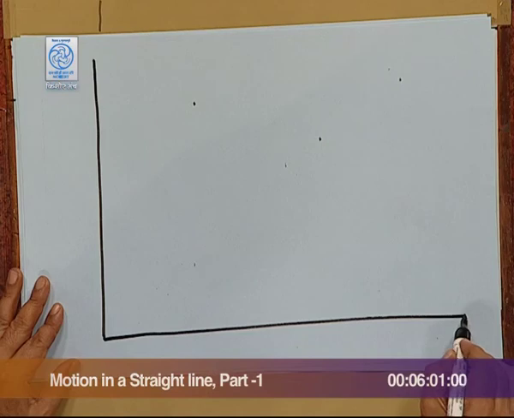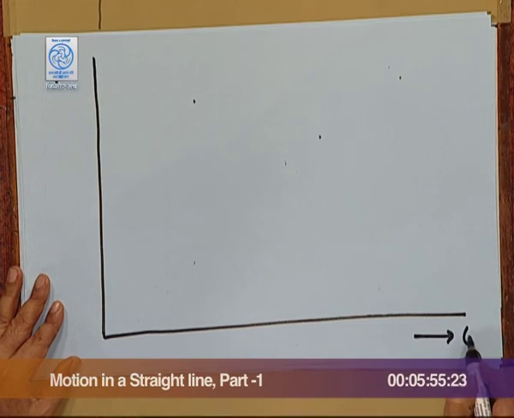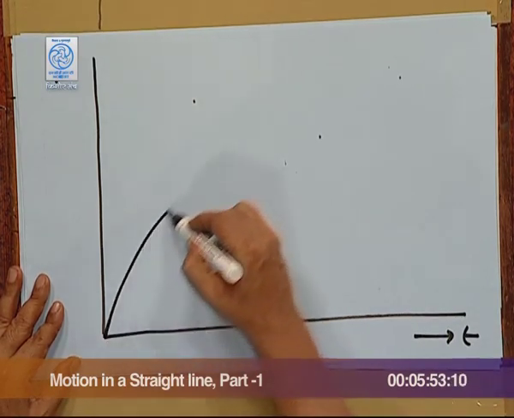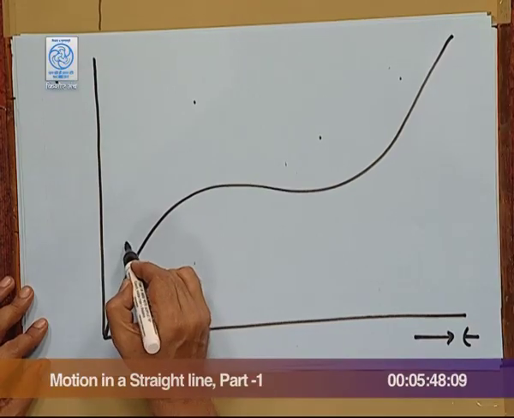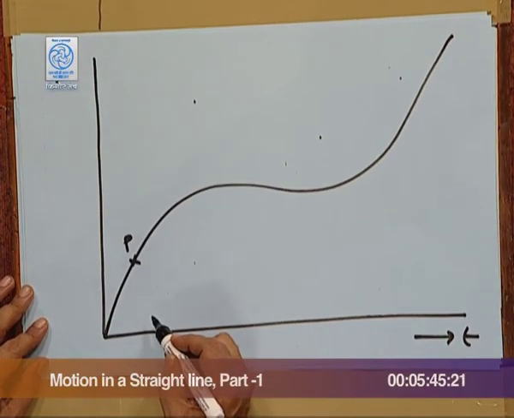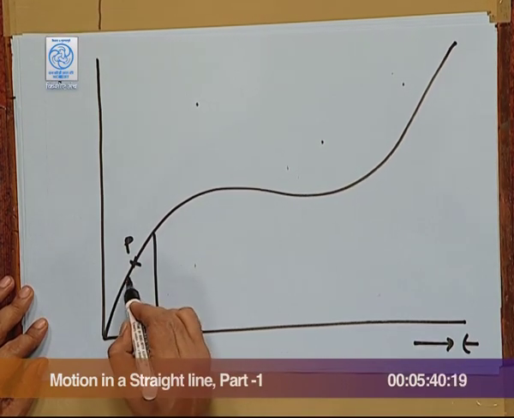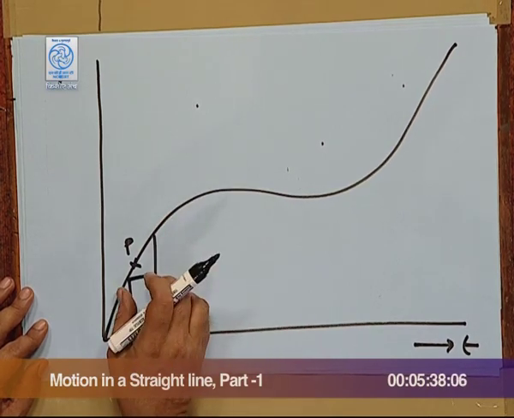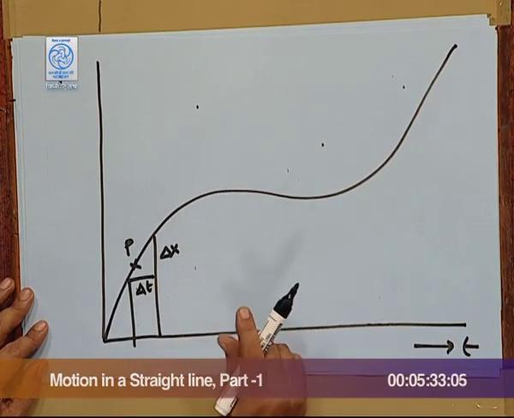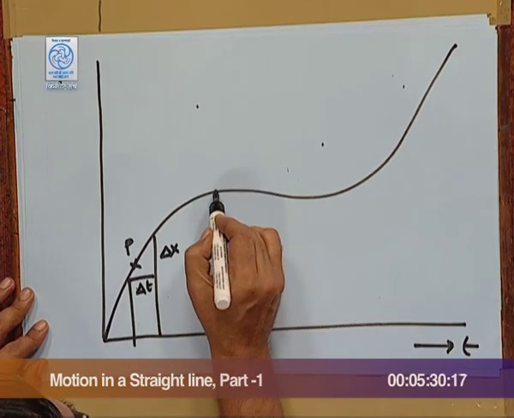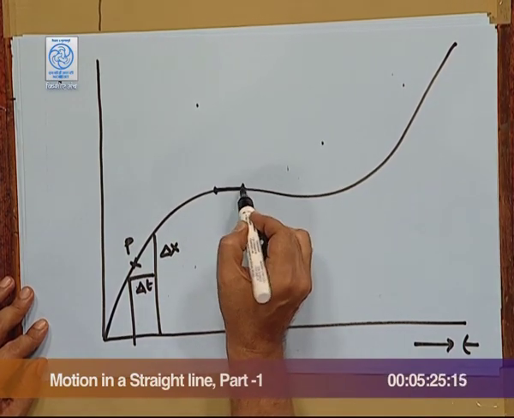Let us look at this graph, position x versus time. If the graph has a variation like this, look at point P. In the interval around this, the slope, that is delta x by delta t, is positive. Look at this interval where delta x variation is not there.